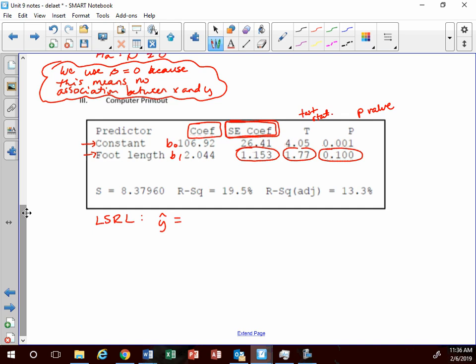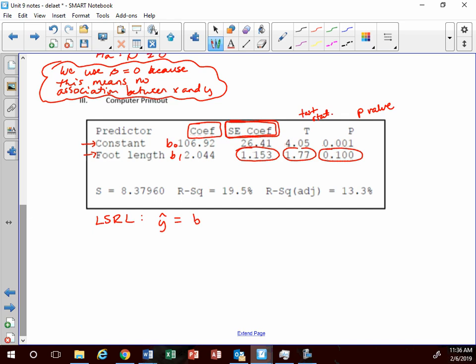And then what do you think I'd write for my actual equation? How do we write an equation of a line? Yeah, what do you think? You would just write it like a regular line, right?